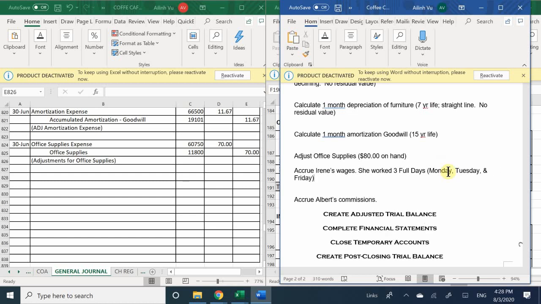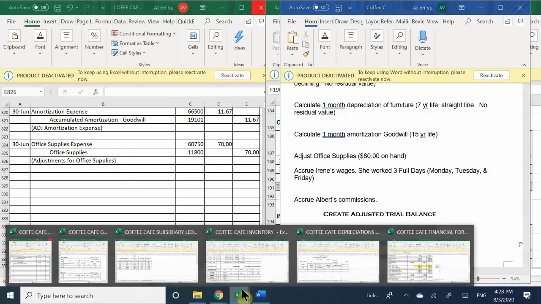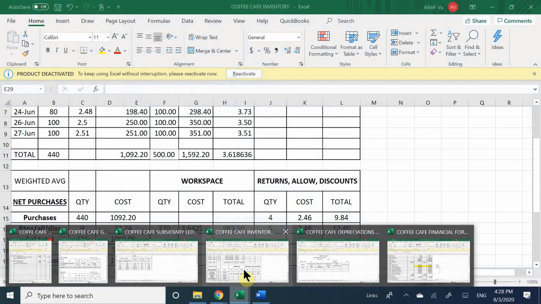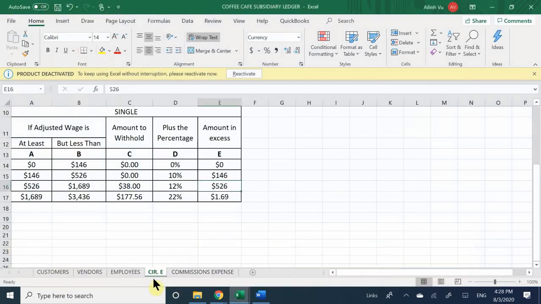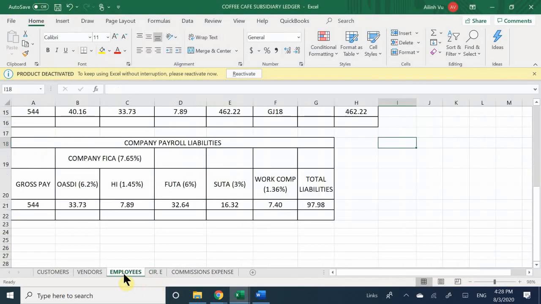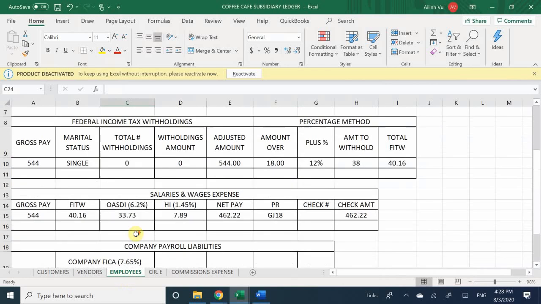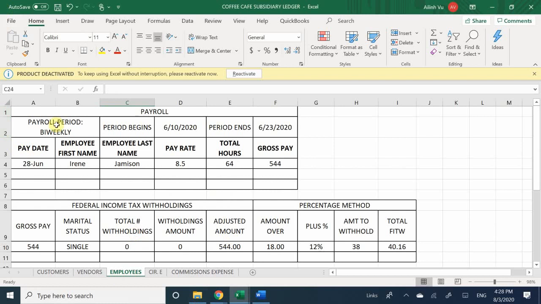Okay. And we would have to go to our little payroll sheet under subsidiary. So this one. So we're just accruing how much she worked so far. So here we're making the adjustment. So I'm going to put Irene.